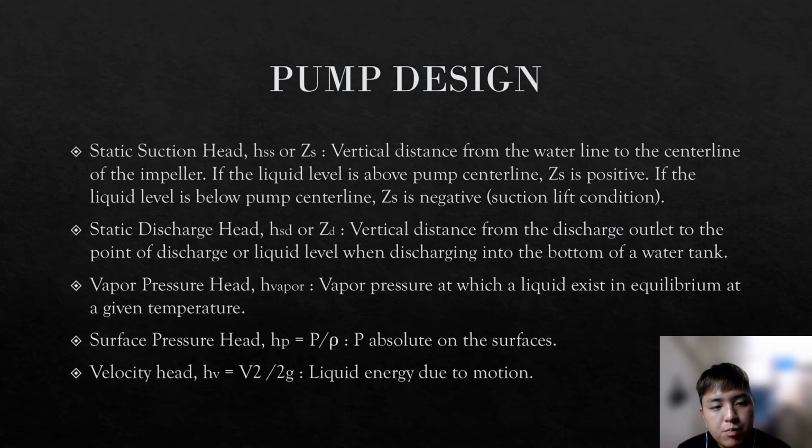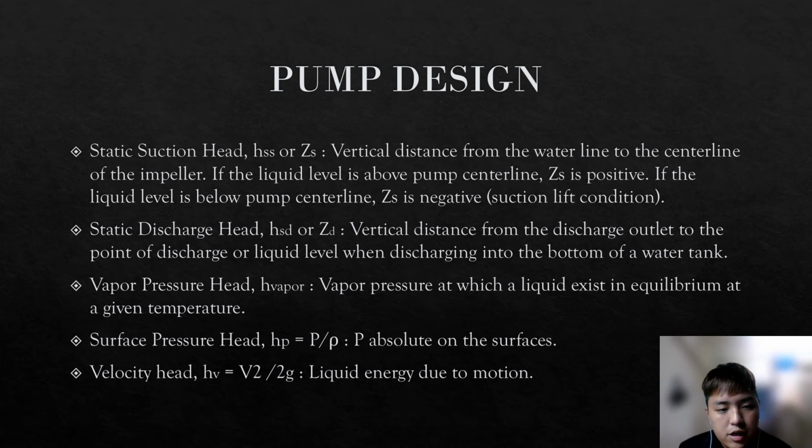Move on to vapor pressure head, H vapor. It is the vapor pressure at which a liquid exists in equilibrium at a given temperature. The next one is surface pressure head, HP, which is equal to P absolute on the surface over the specific weight.